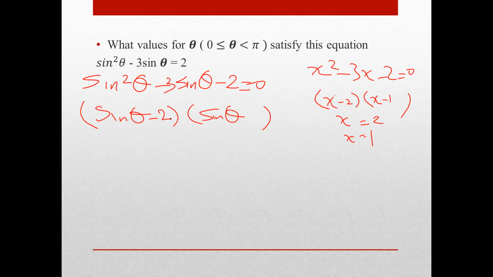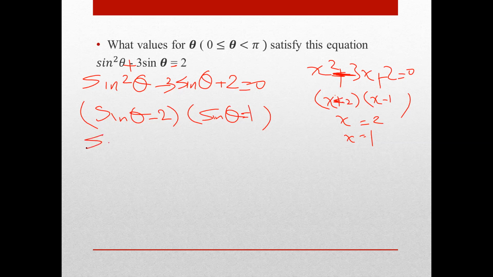The signs must be such that the product is positive 2 and the sum is negative 3, so minus 2 and minus 1, because negative 1 times negative 2 is positive 2, and you add them and they are negative 3.